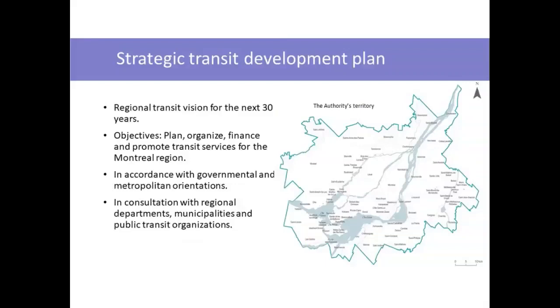The plan has to be in accordance with governmental and metropolitan orientations, of course. The authority was also obligated to consult regional departments, municipalities, and public transit organizations through the process. On this slide, you can see the authority territory that is very large.